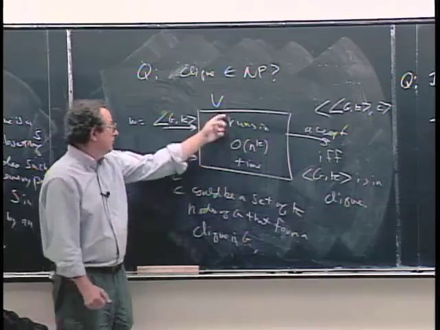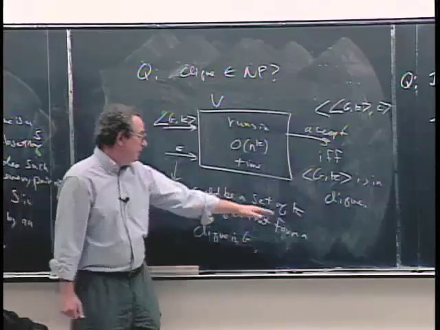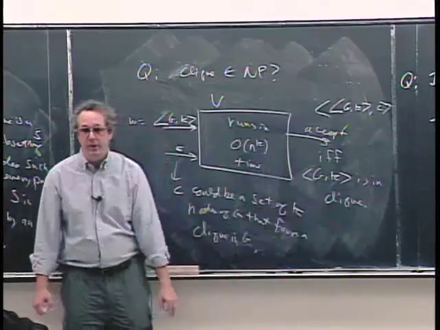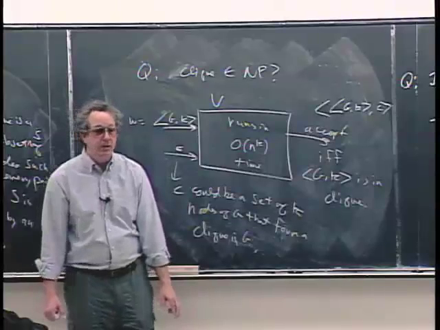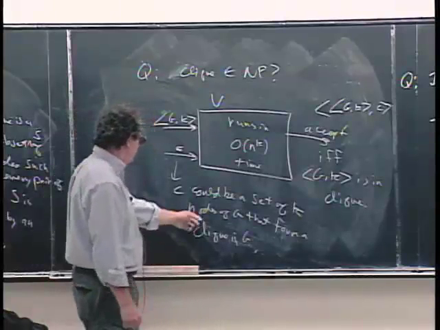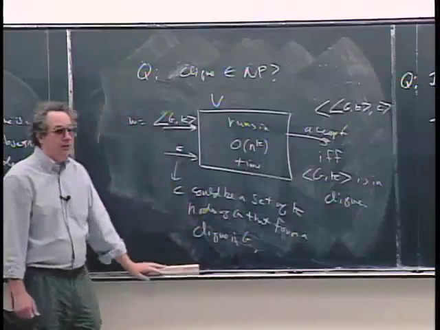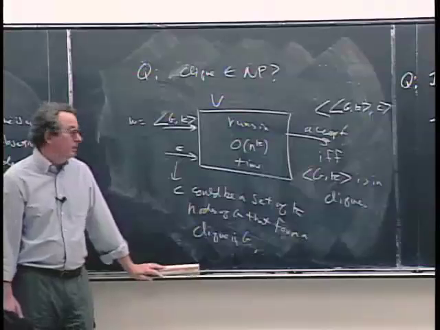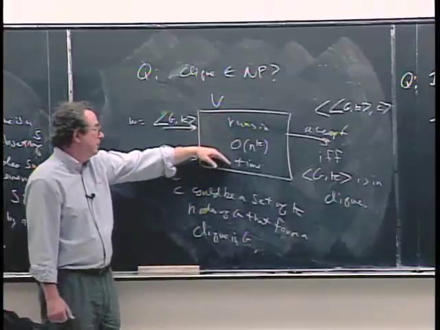So that verification, we only have k nodes here. It's going to look at every pair of nodes. That's bounded by k squared, okay? And k is bounded by n, the size of the graph. So that's bounded by n squared. So this work in here is certainly bounded by a polynomial function.